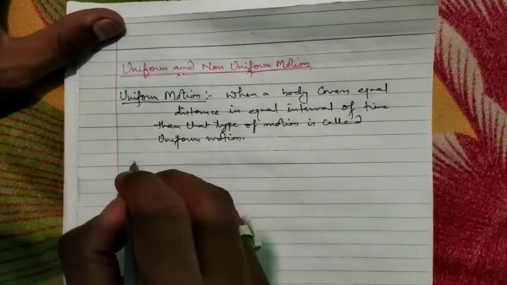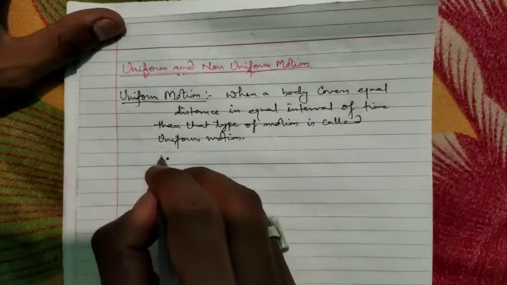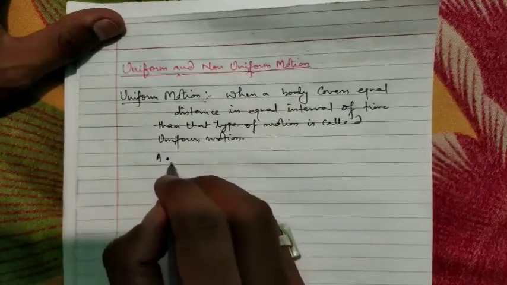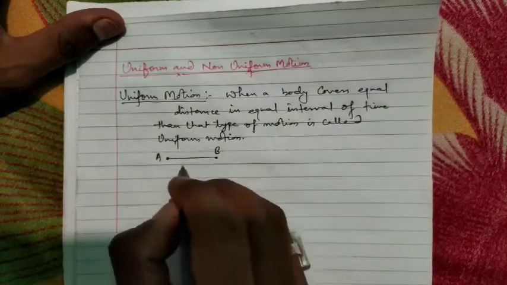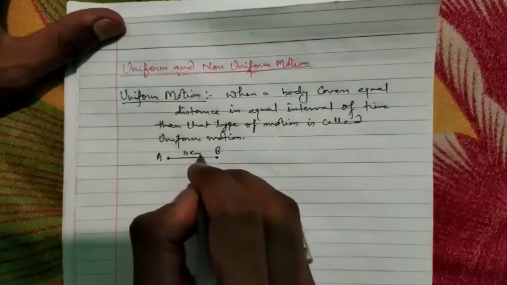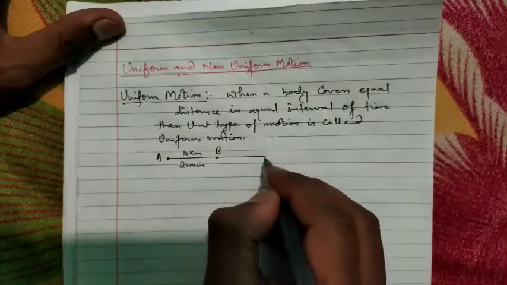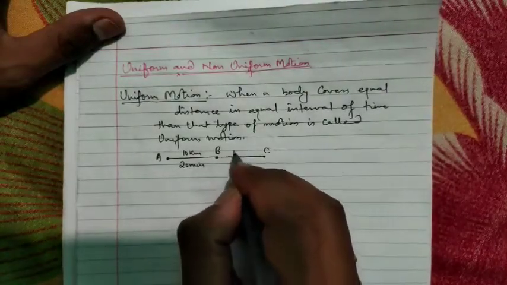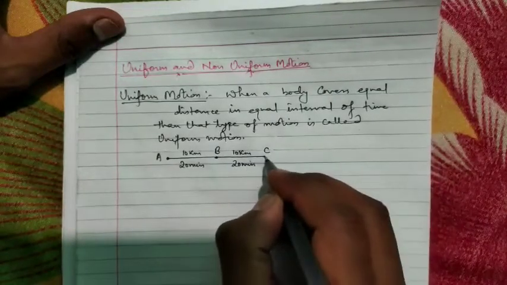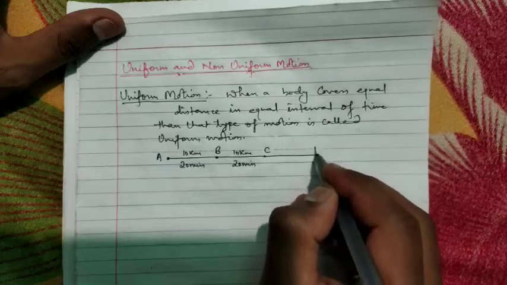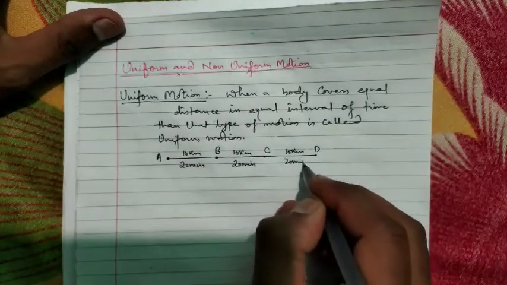Let us understand by a diagram. Suppose a body starts from point A, and travels to point B, 10 kilometers in 20 minutes. Then again from B to C, again the distance is 10 kilometers and again the time is 20 minutes. Again from C to D, the distance is 10 kilometers and the time is 20 minutes.